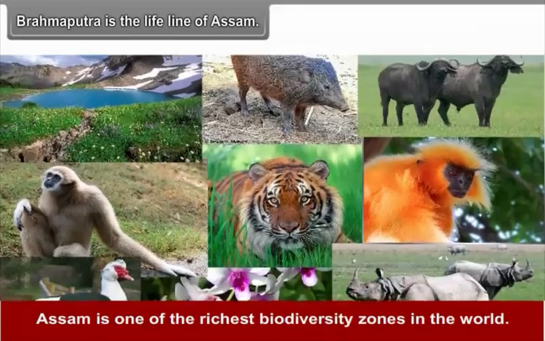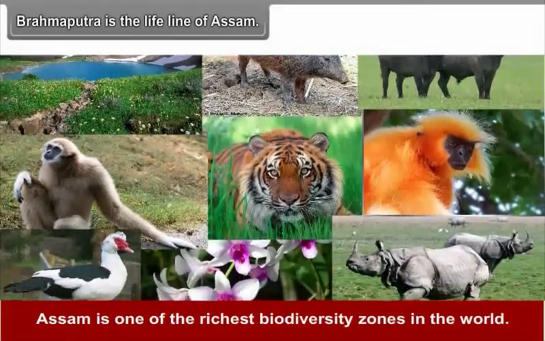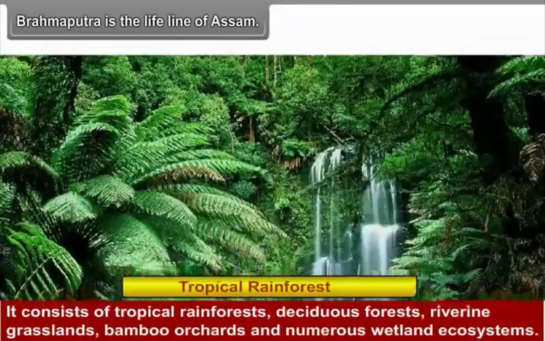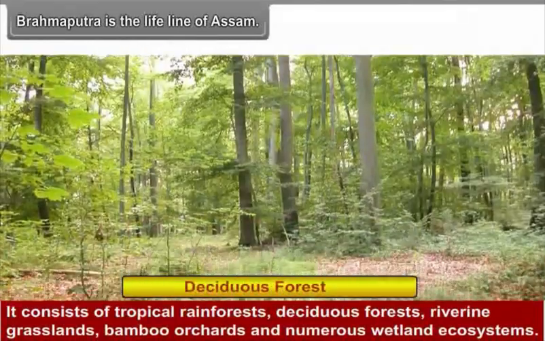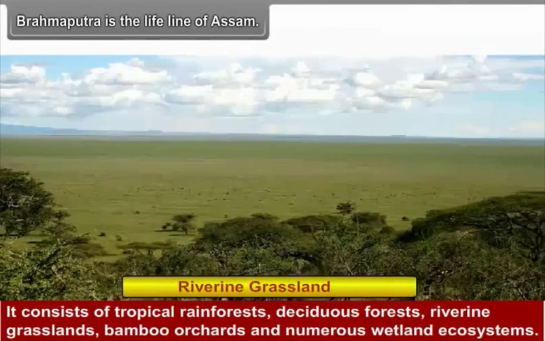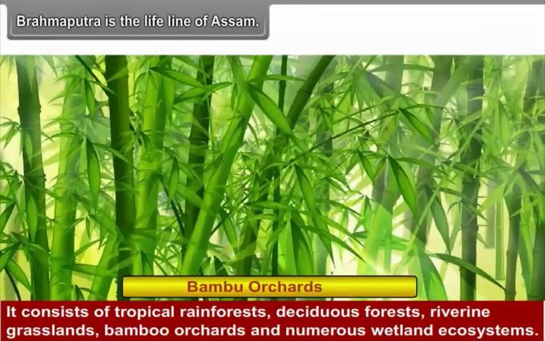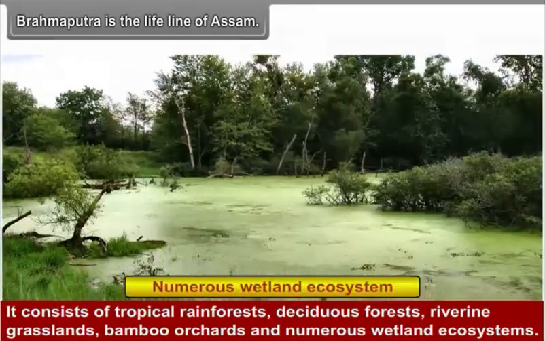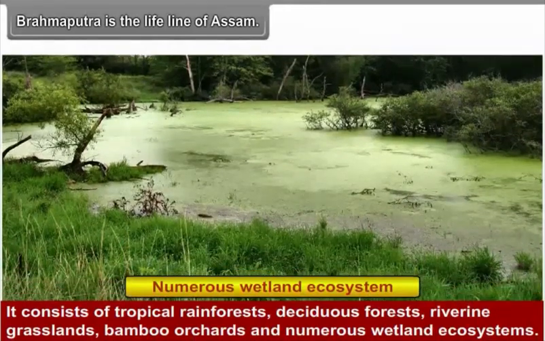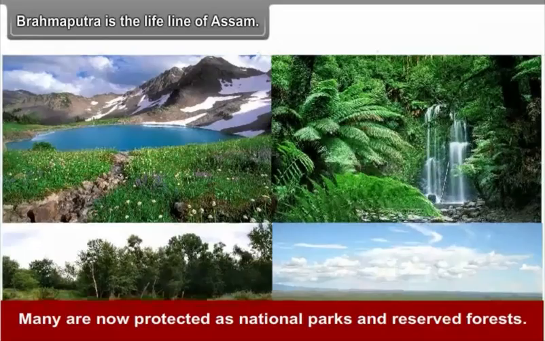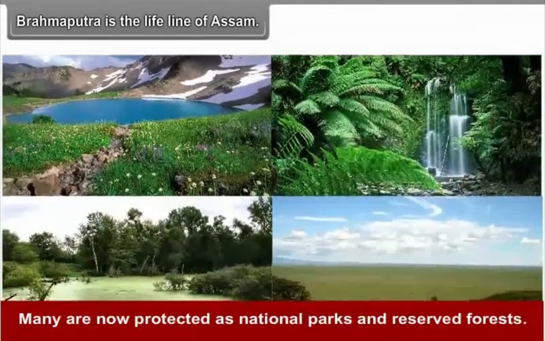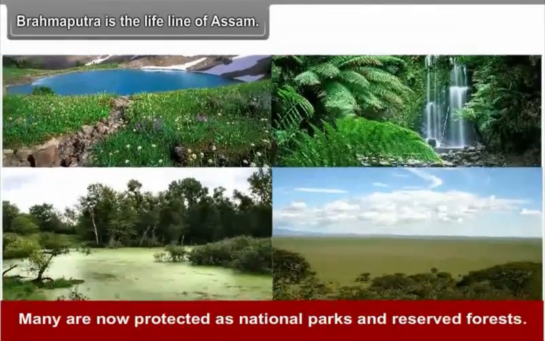Assam is one of the richest biodiversity zones in the world. It consists of tropical rainforests, deciduous forests, riverine grasslands, bamboo orchards, and numerous wetland ecosystems. The valley is also known for orchids. Many are now protected as national parks and reserved forests.